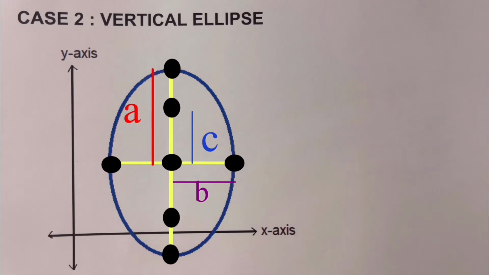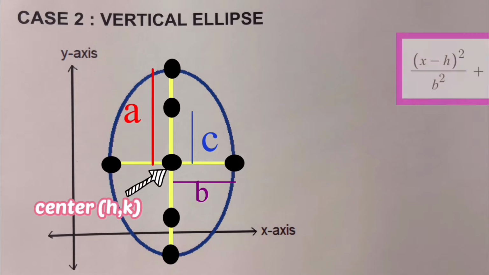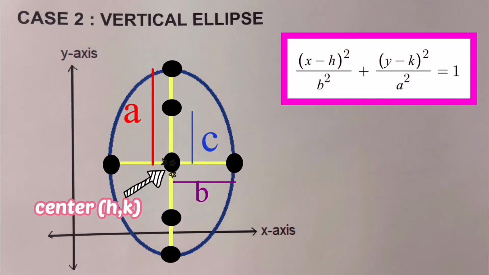Using these values, the formula for a vertical ellipse is (x − h)² over b² plus (y − k)² over a² equals 1.